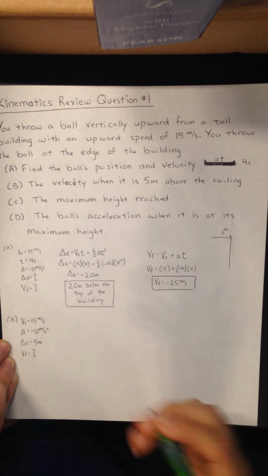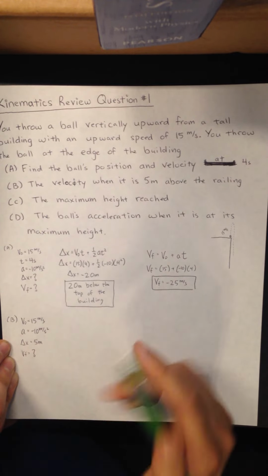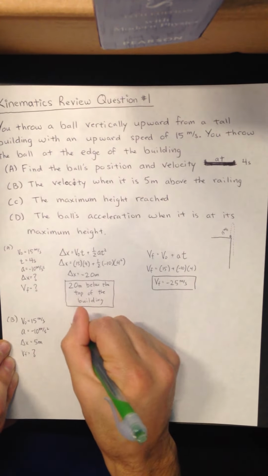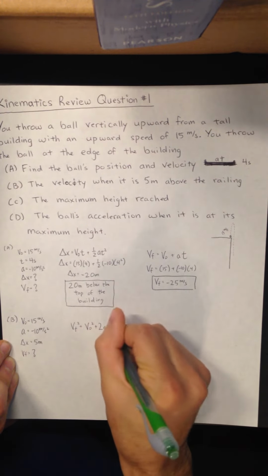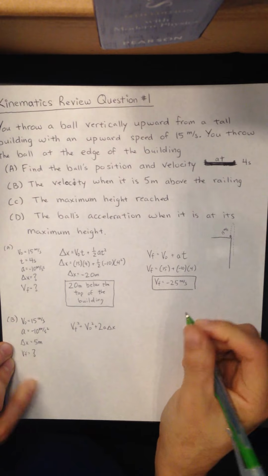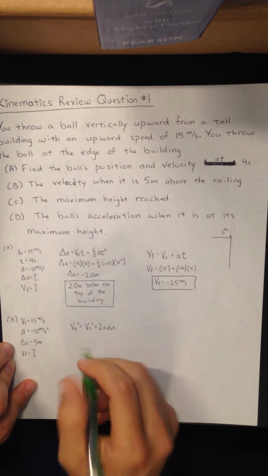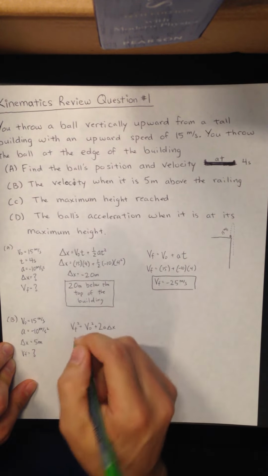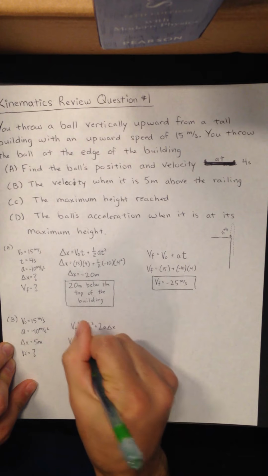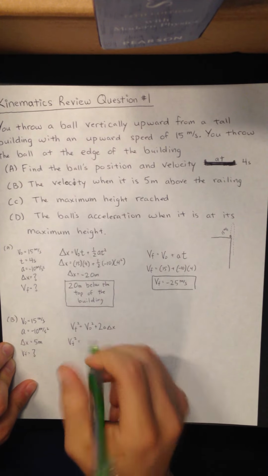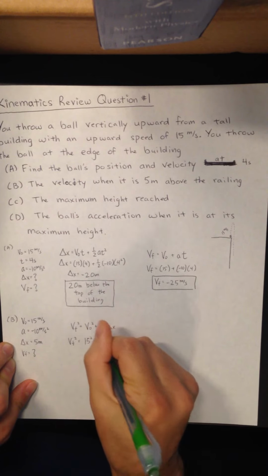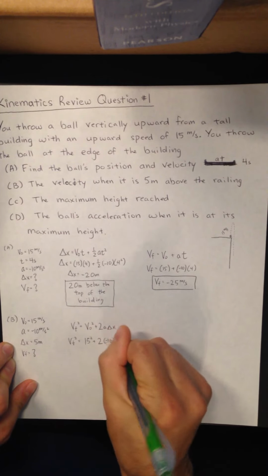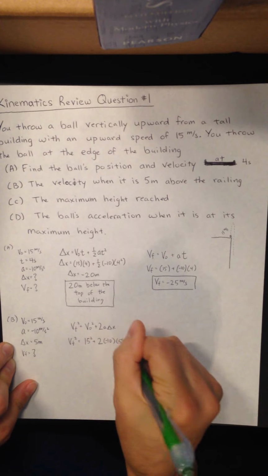With this, once we have 3 pieces of information, we can always find the fourth. So V final squared equals V initial squared plus 2a change in x. This is the formula we're going to use. We're looking for V final. V final squared equals V initial squared, which is 15 squared, plus 2 times -10 times 5.